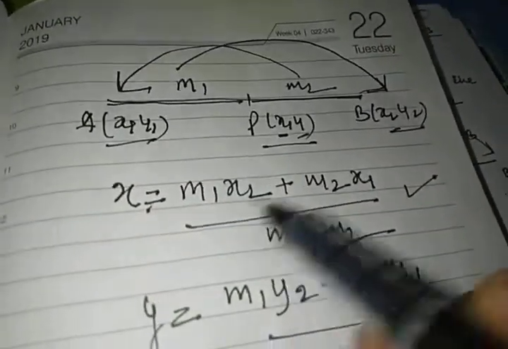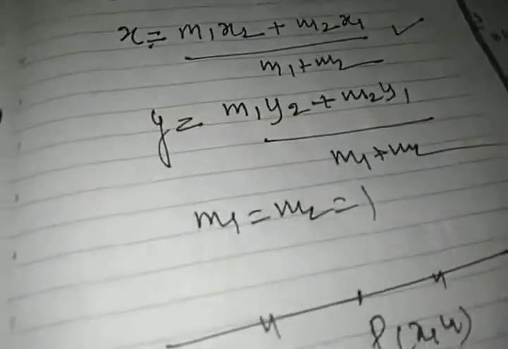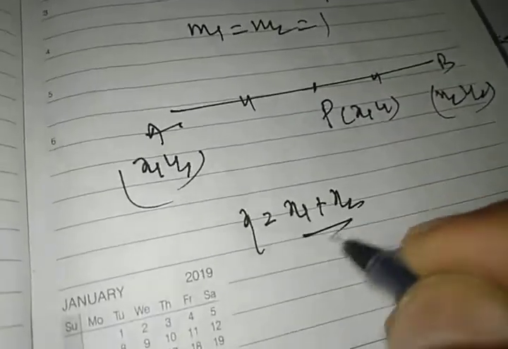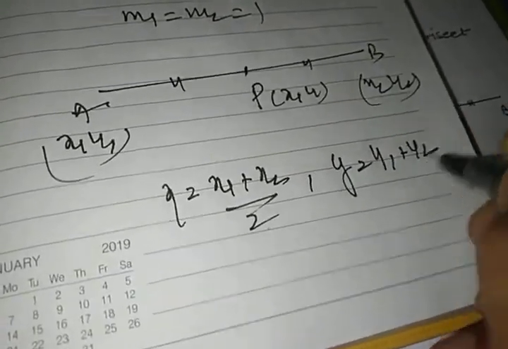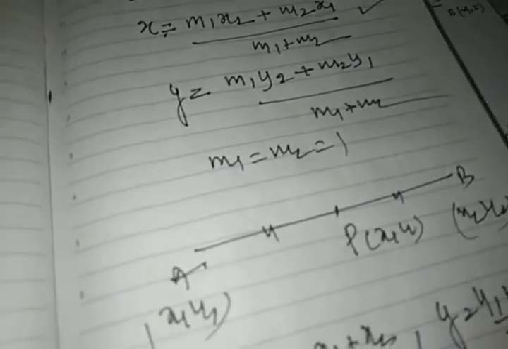From this formula, put m1 equal to 1 and m2 equal to 1. Then x will be equal to (x1 plus x2) by 2, and y will be equal to (y1 plus y2) by 2. This is your midpoint formula. If you have to take the midpoint, I'll go for this. So this was the recap of whatever we have done earlier.